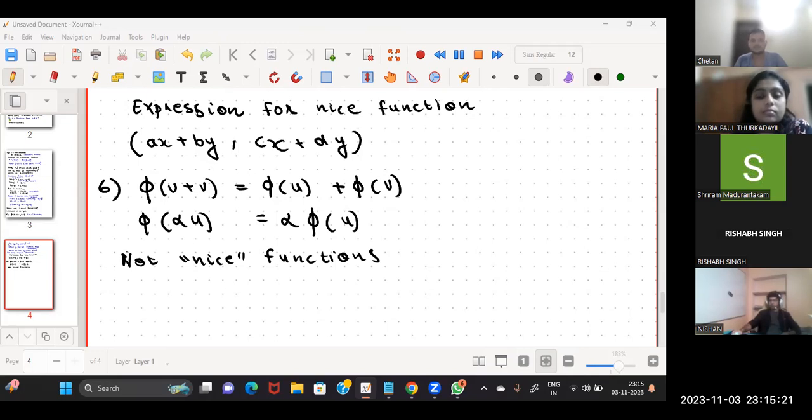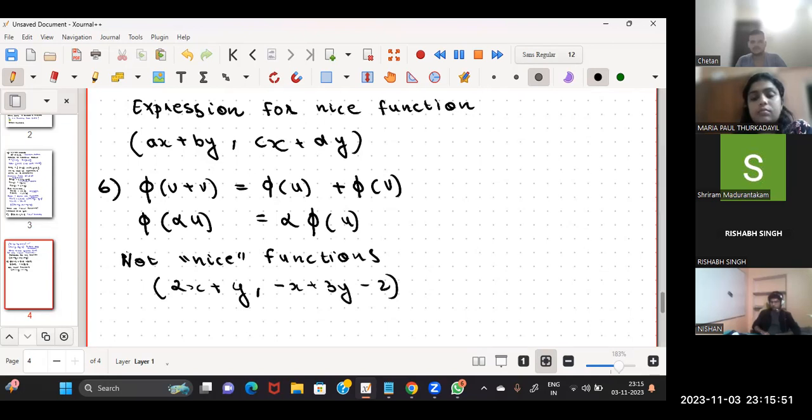So yeah, let's just take one example for a not so nice function. Can we get a not so nice function? Say 2x plus y, comma, minus x plus 3y minus 2.